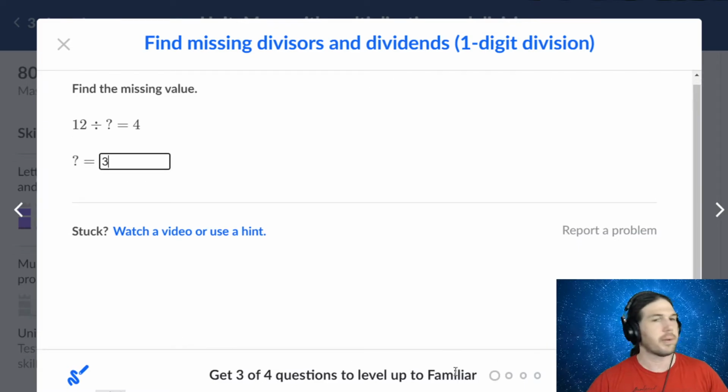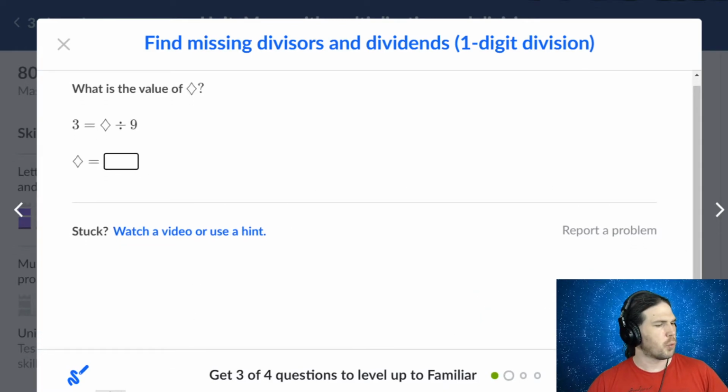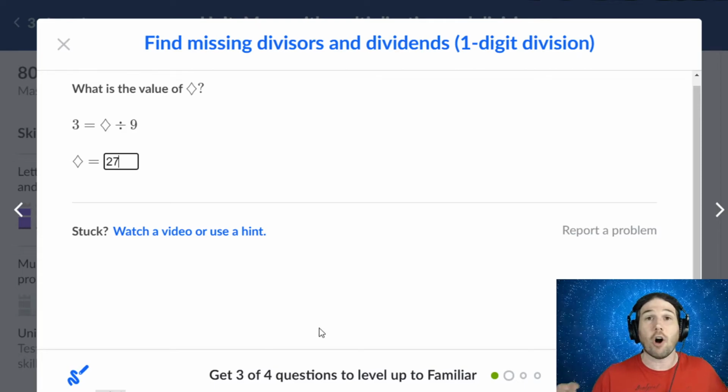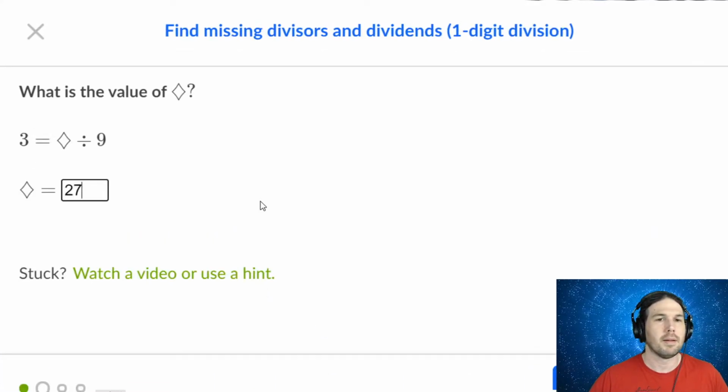12 divided by 3 is 4. 27 divided by 9. I almost said 3. Why did I almost say 3? What did my brain do?